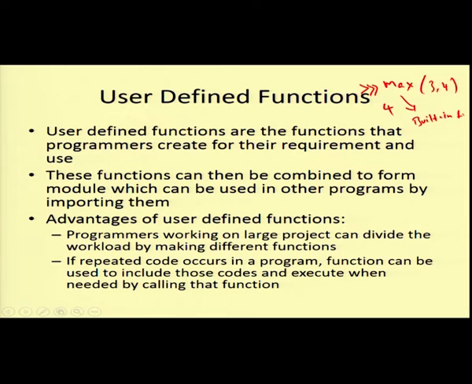Whereas with user-defined functions, the user is defining the function. If the user requires it, he will write it in the program; if not required, he will not write it. But there are certain built-in functions too in Python. Supposing I do not know what max will do, then at the chevron prompt I can type help(max), press enter, and you will get the details of max.